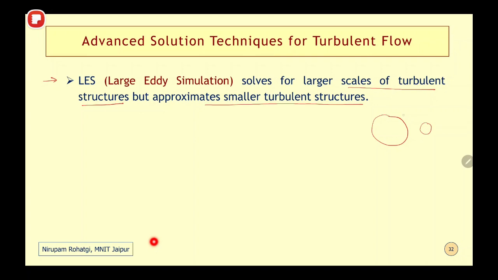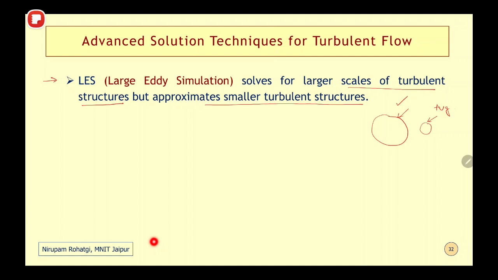RANS is actually averaging this also and this also. What LES does is it takes care of this, but this is averaged. So it is going a step finer. It is called large eddy simulation because large eddies are taken care of, but you are approximating the smaller ones. Okay.